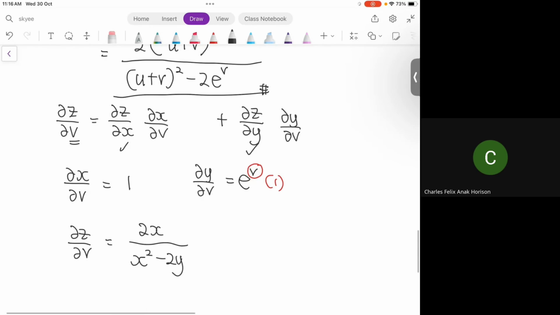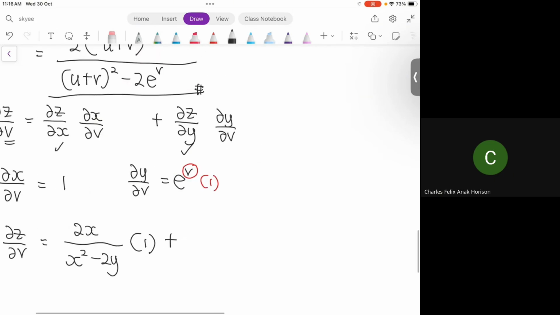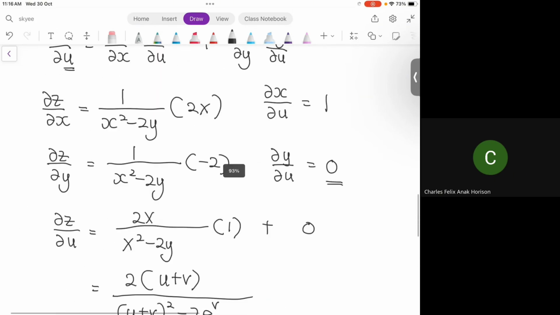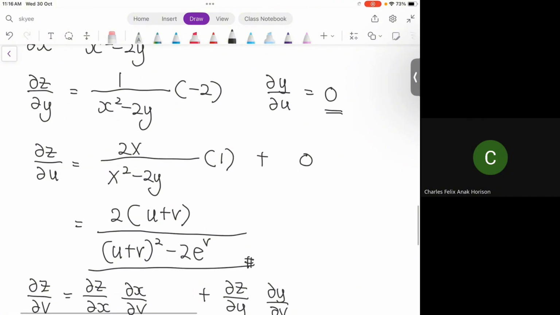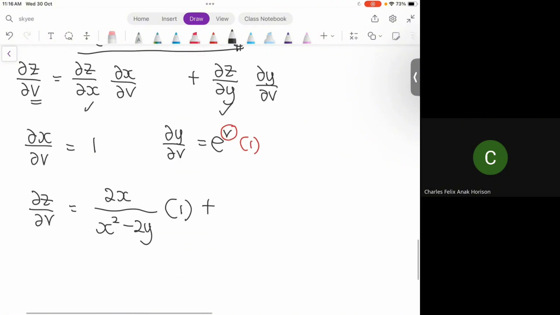So this is the del z del x. Del x del v equals 1 plus, this one will be negative 2 over x squared minus 2y and exponent v.